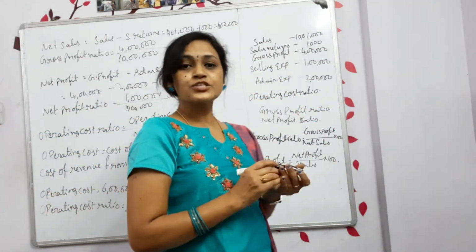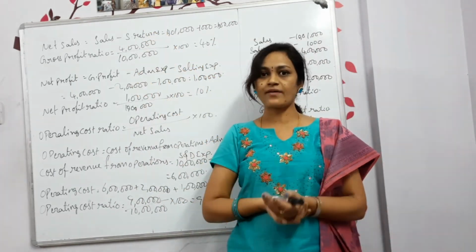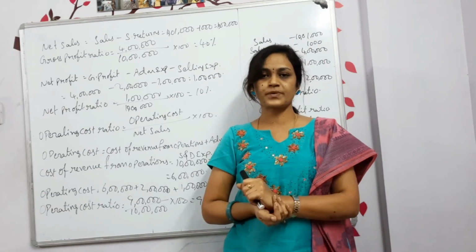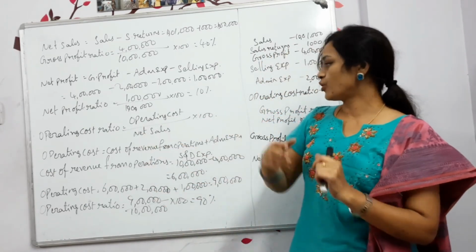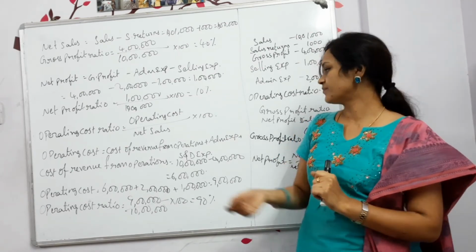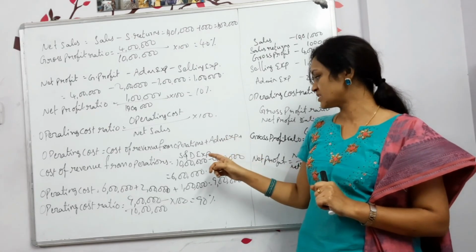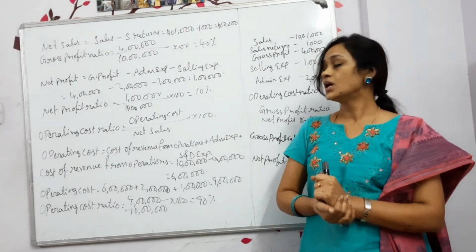Now check it out. First you should find out already gross profit ratio, net profit ratio we have done already. So I am not spending much time on that. Operating cost ratio. First you should find out operating cost. Operating cost you will be finding from cost of revenue from operation plus administrative expenses plus selling and distribution expenses.